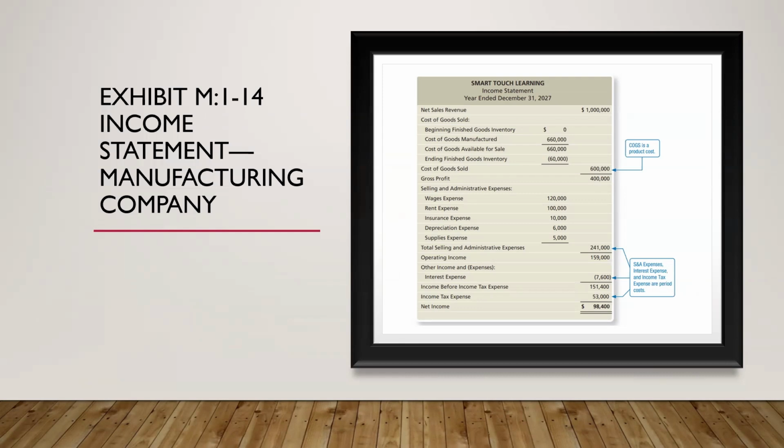Here you see in Exhibit 1-14, it shows the completed income statement for the Smart Touch Learning company. Now notice that the cost of goods sold is subtracted from net sales revenue to determine gross profit.